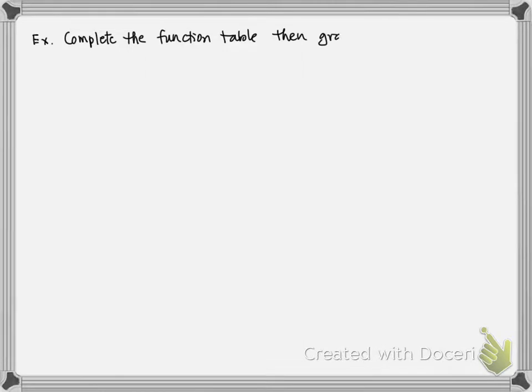So blissfully, they're going to go back to giving us the input, and then we have to calculate the output, so it's a little easier. So let's say this person bought jelly beans. This is from our book, and it says it costs $3 per pound, and a candy dish costs $2, and then they give us the function rule.